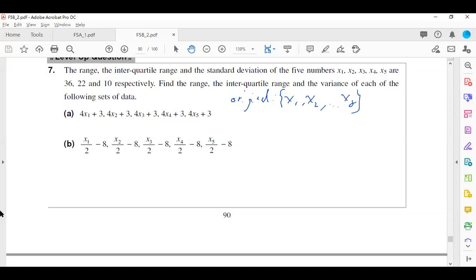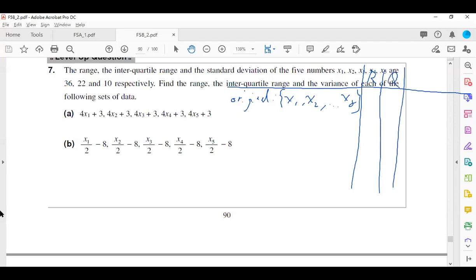Okay, and then we have R, we have Q, we have sigma square.